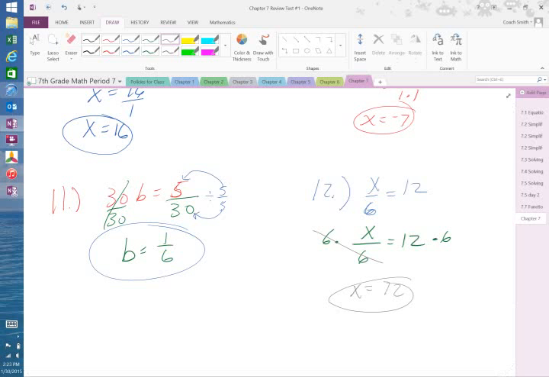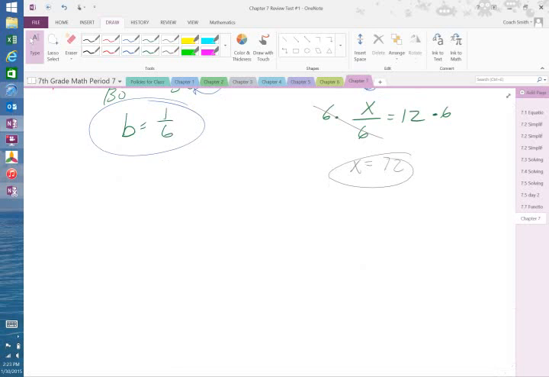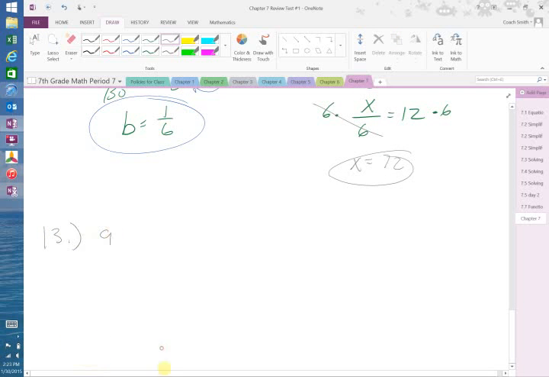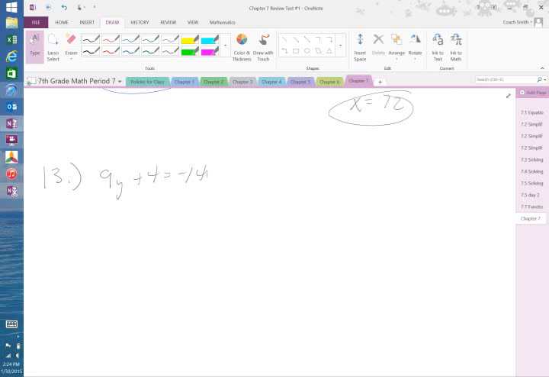Now, let's look at the two-step equations. 13, 9y plus 4 equal negative 14. Okay? To solve two-step equations, you must do the addition and subtraction first, then the multiplication and division.